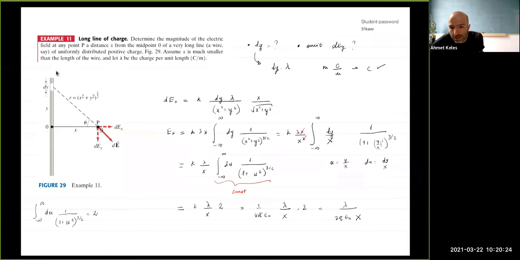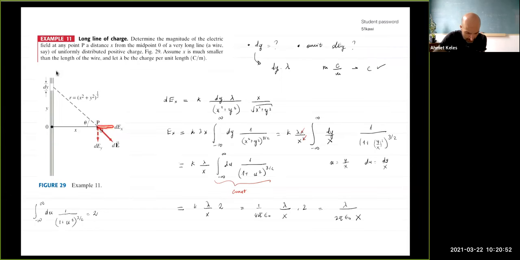Where does x over the root come from? It comes from here, right? So we first write the electric field, the total electric field. And the total electric field was the total charge, which is lambda times dy, divided by distance squared, which was x squared plus y squared. And I had to project it to this axis because I knew this one will cancel with another one here.